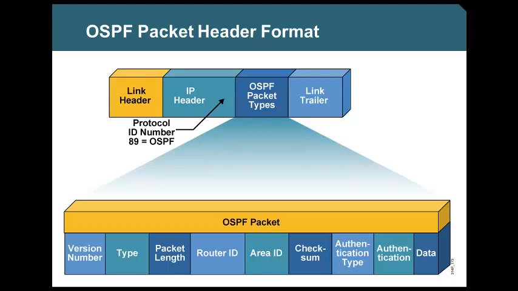Fields like version number, type, packet length, router ID, area ID, checksum, authentication type, authentication password, and data. This is the structure. This is how it is arranged, version number. Even in debug, you can see this.